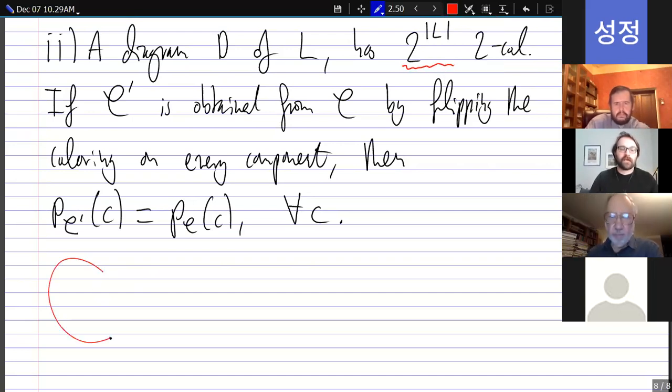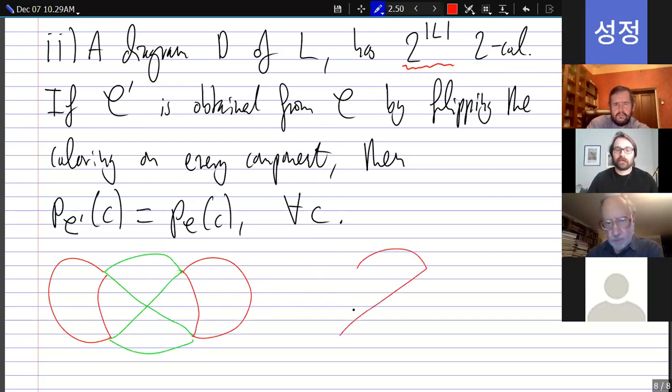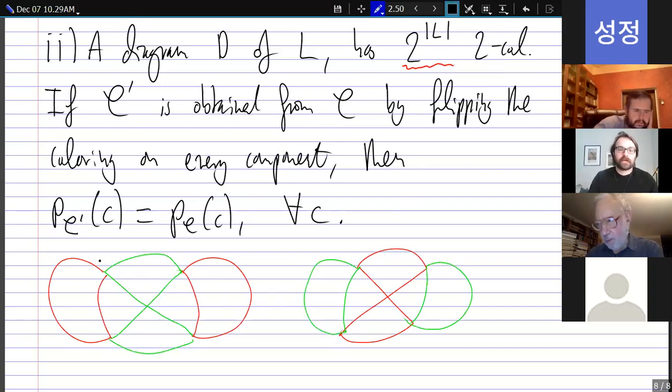If I have this 2-coloring here of the link we saw a few minutes ago, and then I can also have this 2-coloring, then let's orient this.